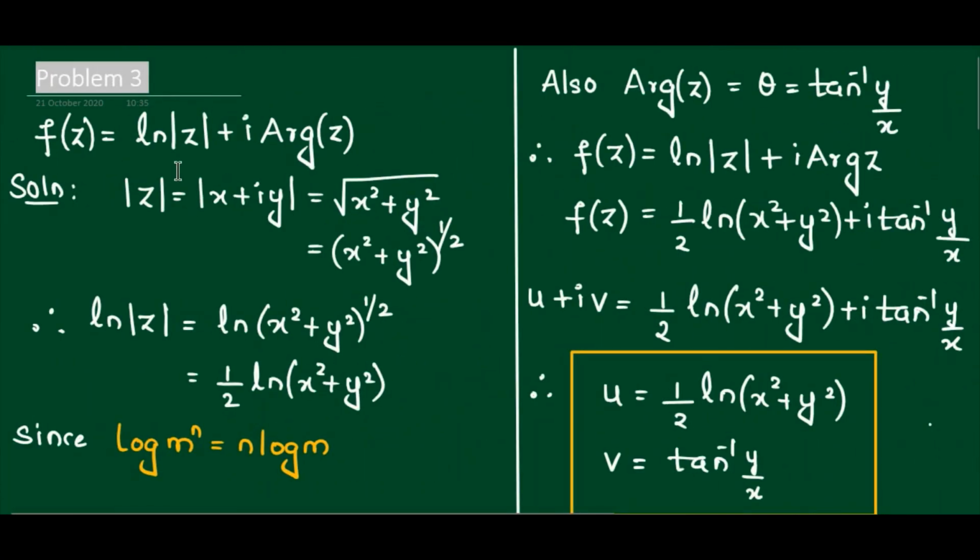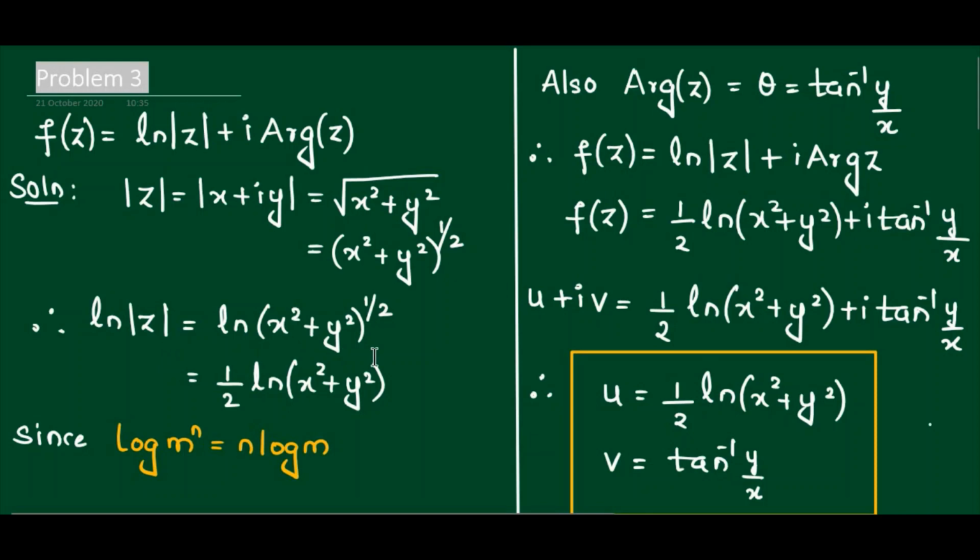F of z equal to log of mod z plus i into argument of f of z. You have to first convert this in terms of x and y so that we can find out the real and imaginary parts u and v. Mod z, as per definition, is modulus of x plus iy, root of x square plus y square, which can be written like this, and we need log of mod z.